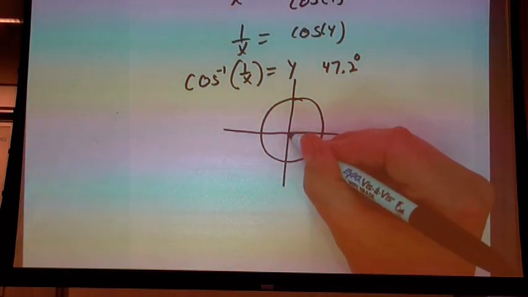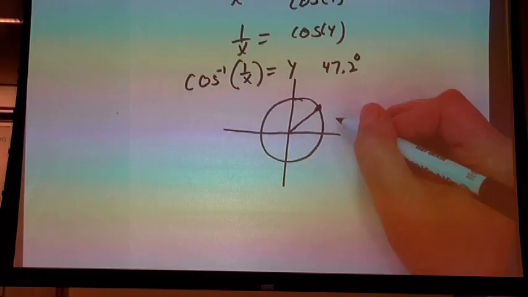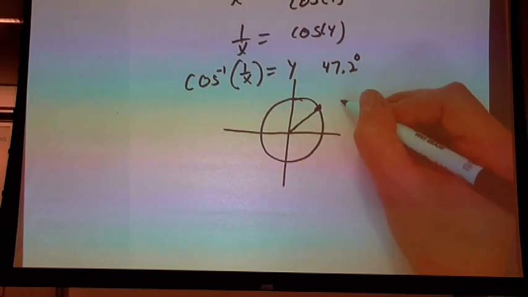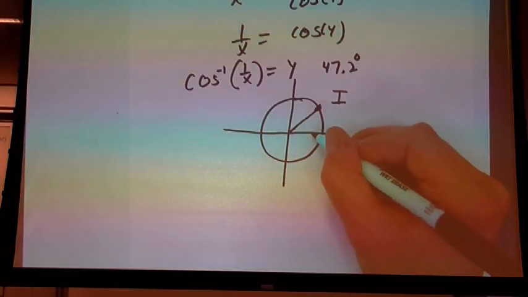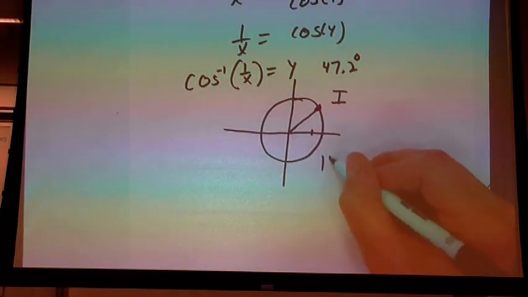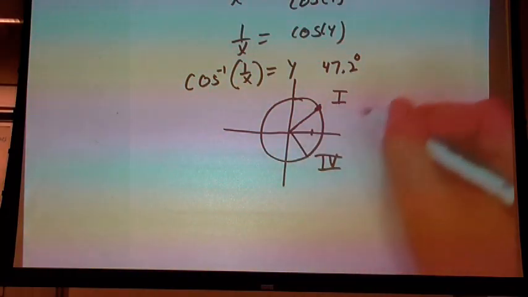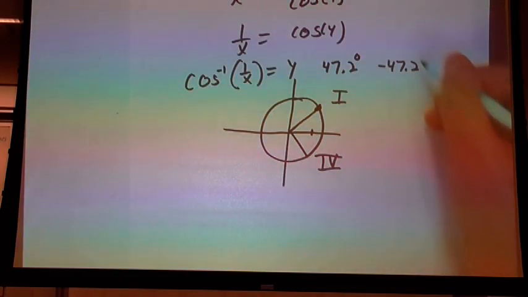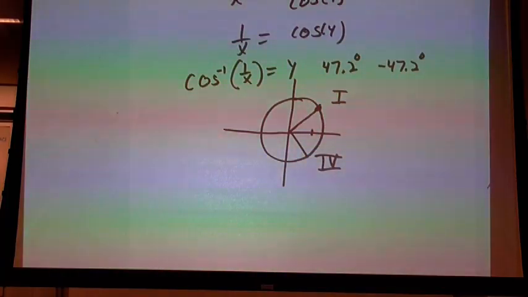I've got one angle here, it's kind of close to 45 degrees. So the cosine, of course, is positive in quadrant 1. Where else is it positive? Remember, it's the x coordinate. Quadrant 4. So I could write the other angle immediately as minus 47.2 degrees. And then I'm going to have to add 360n to each of these.